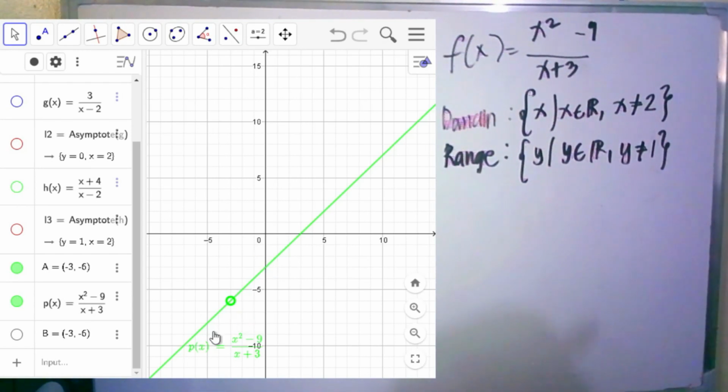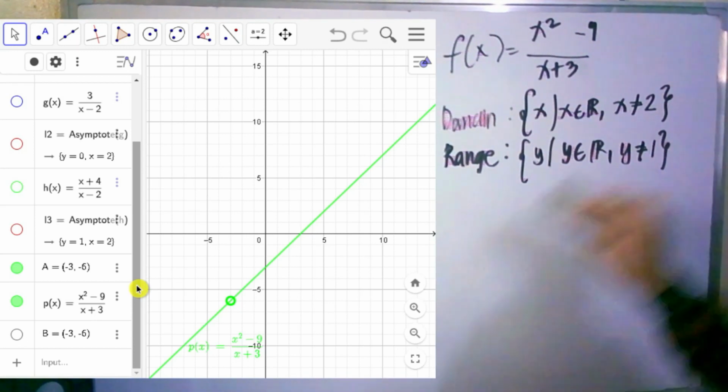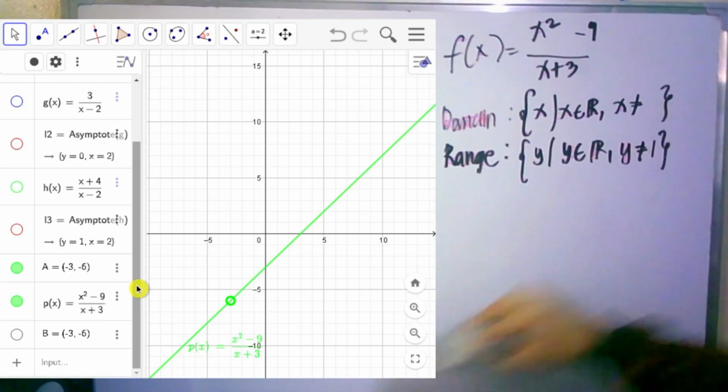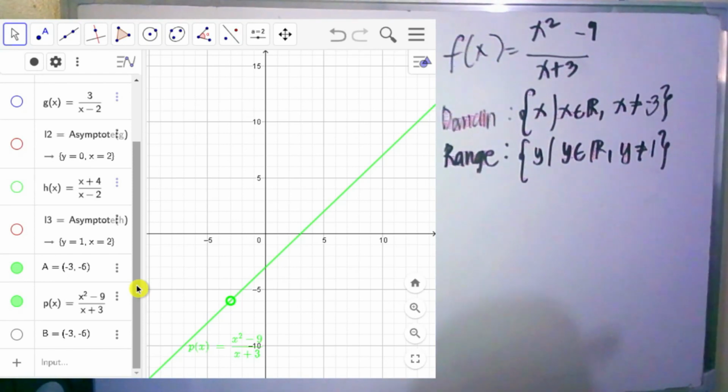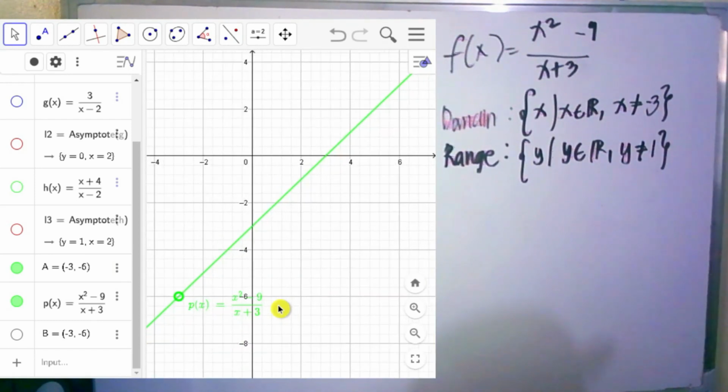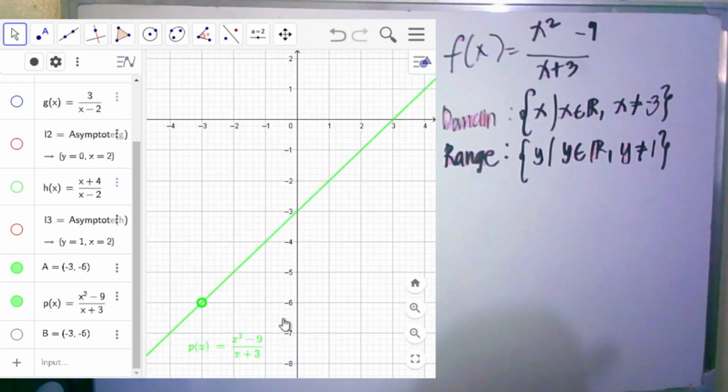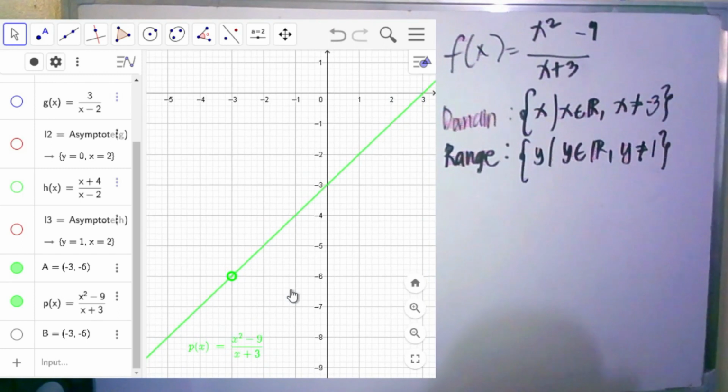By merely looking at the denominator, ano dapat yung domain niya? Negative 3. Right? Bawal ang negative 3. How about the range? Negative 6, sir. How do we know it's negative 6? Graph, sir. Okay?